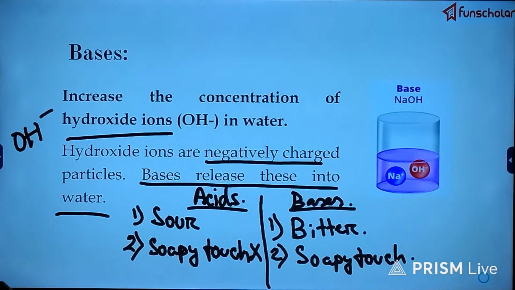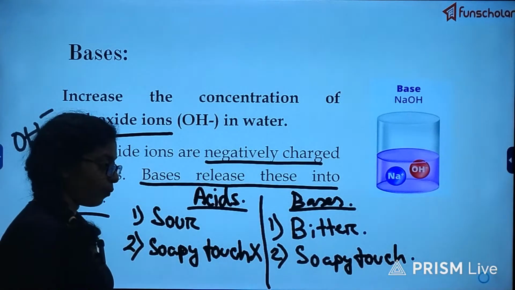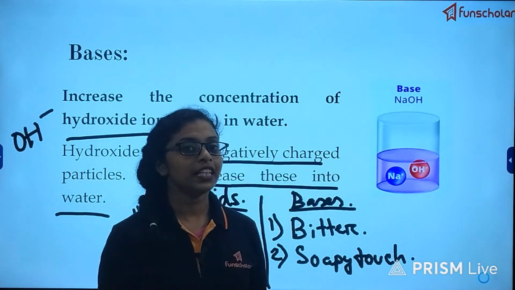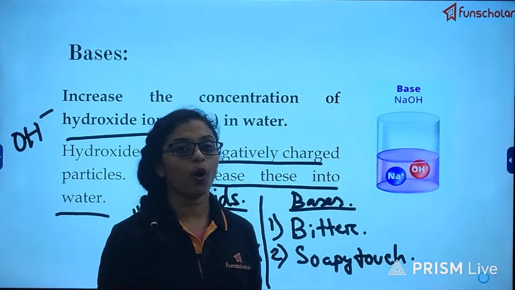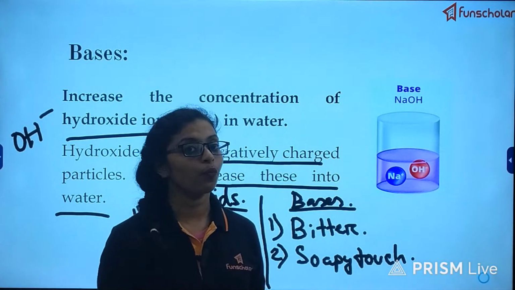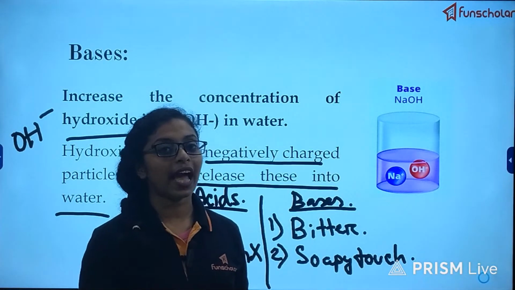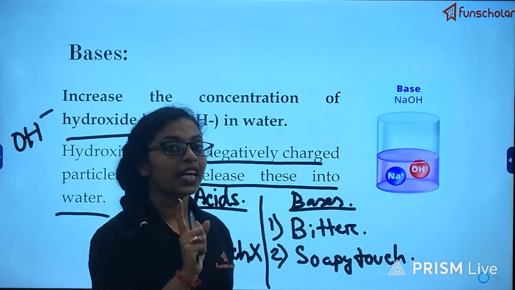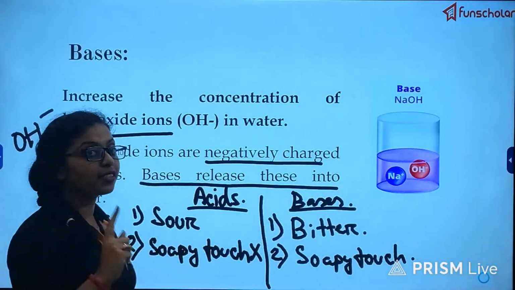Can you think of another difference between acids and bases? If I use litmus paper, do you know what litmus paper is? Litmus paper is a very popular indicator. It is an acid-base indicator, and it will change its color.